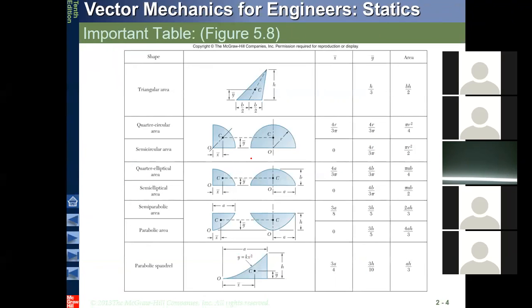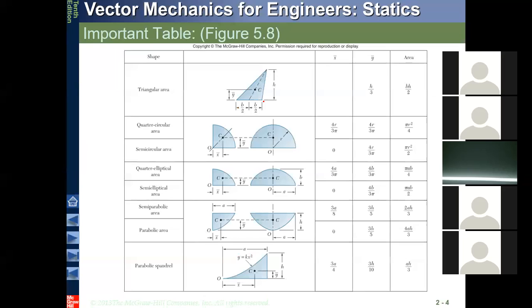You have several usual objects that you will encounter in a statics problem, and by this table you can easily get the centroid, the x bar and y bar of each object. For example, for a triangular area, we know that the y bar is equal to 1/3 of the height from the base.